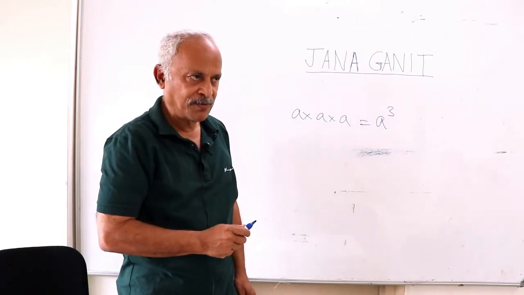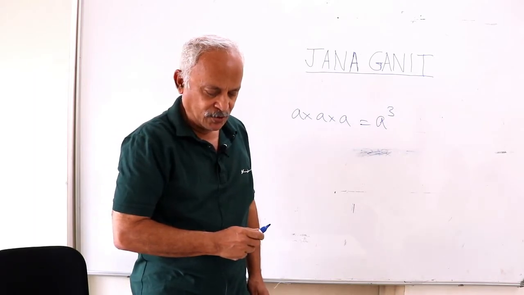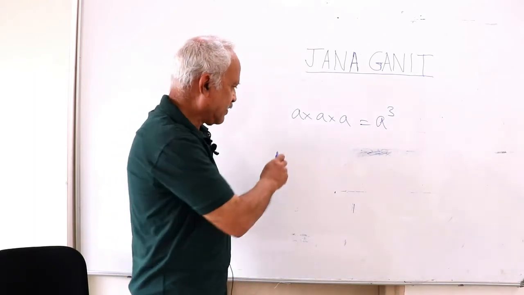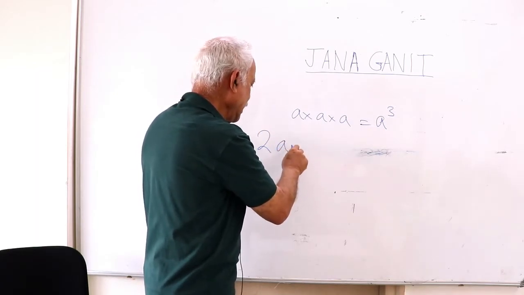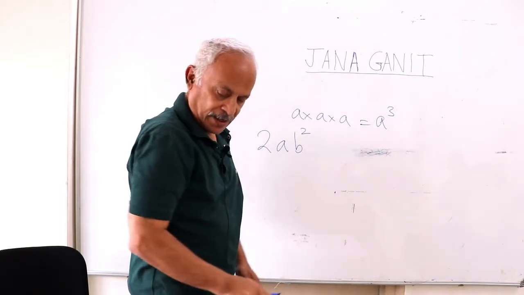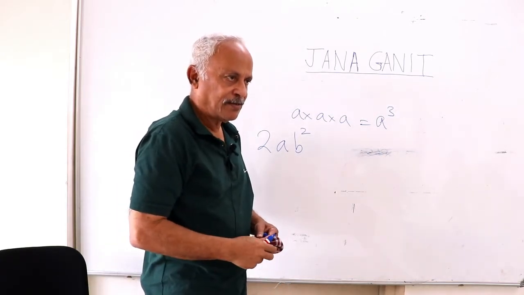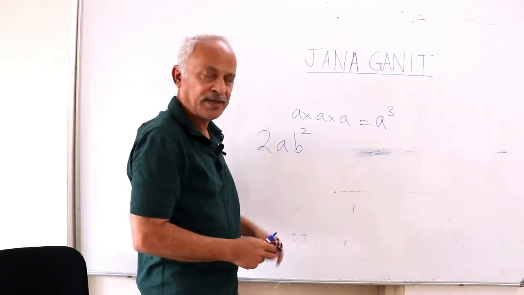Now we go to the next problem. I am going to write the short form 2AB squared. And both Nandita and Gyanjyoti, on your slate, write the long form of 2AB squared.